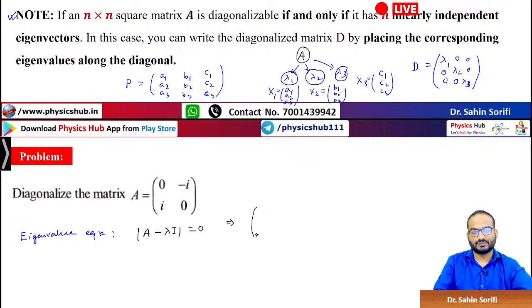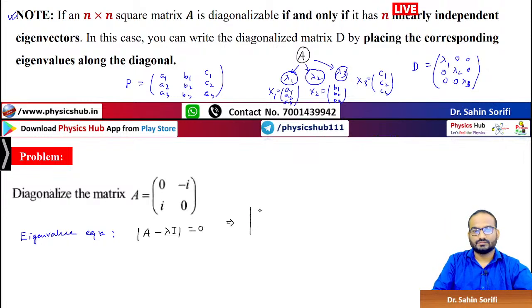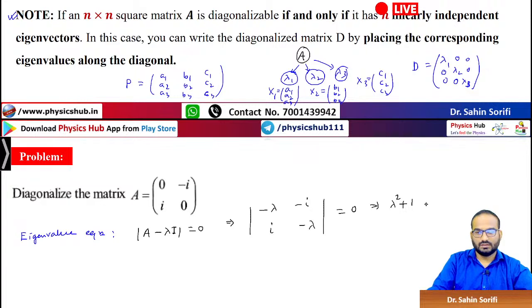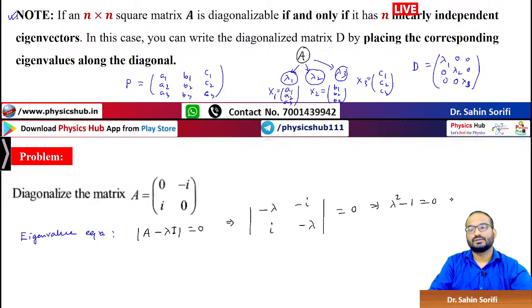So you see, minus lambda times minus lambda minus (minus i times i) equals 0, lambda square minus 1 equals 0, so lambda equals plus or minus 1. So we can say that one eigenvalue is 1, another eigenvalue is minus 1.